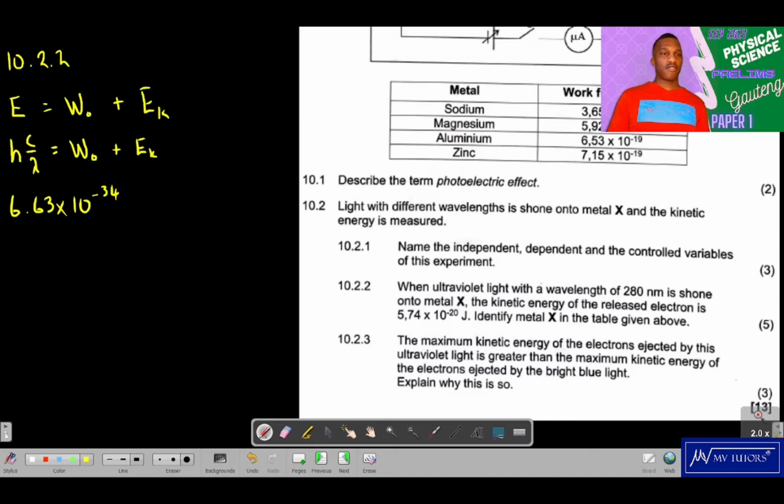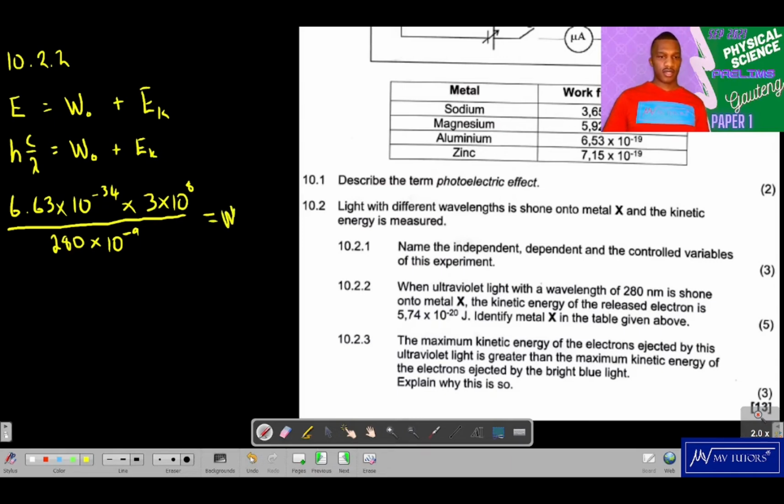It's there in your formula sheet. Then we multiply this with c. c is also a constant, and it is 3 times 10 to the power 8. It's there in your formula sheet, and I'll just put one division sign. Lambda we are given is 280, but we need to convert it since it's nano, so it's 10 to the power minus 9. Okay, so this is going to equal the work function.